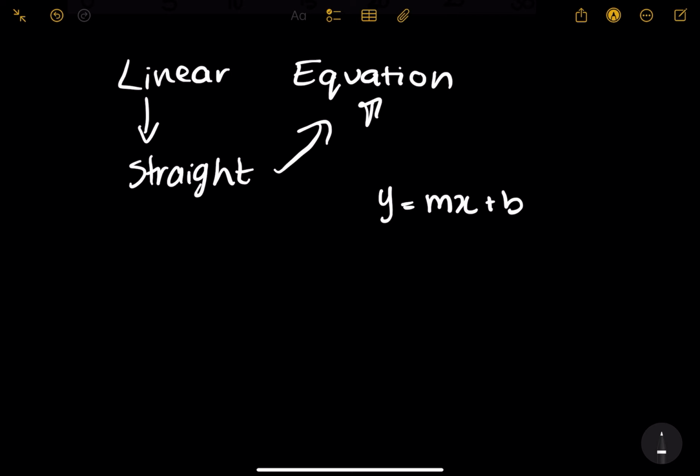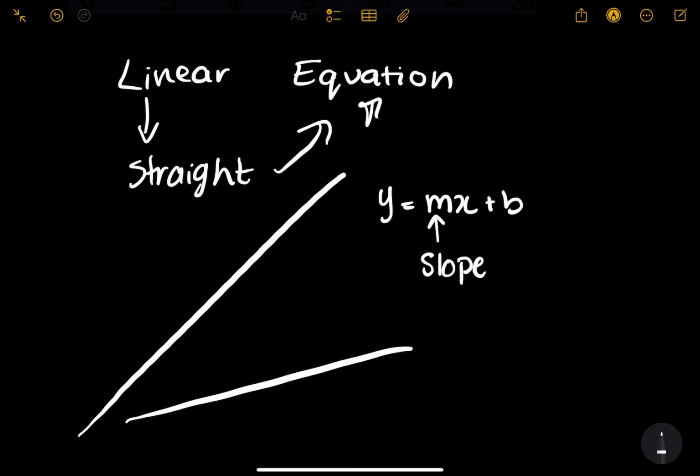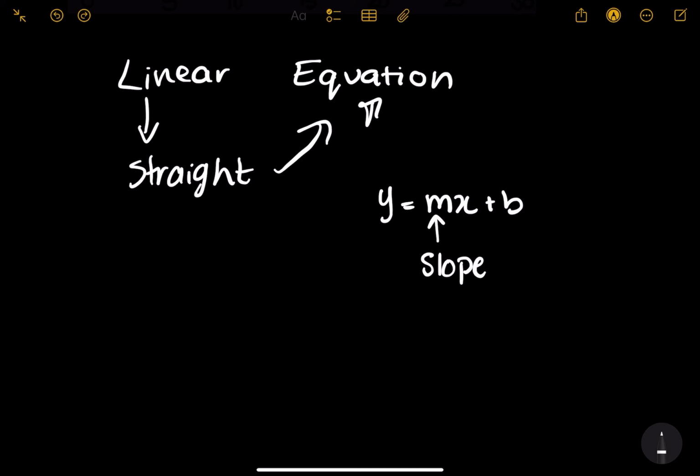Okay, so the m in this formula stands for the slope. The slope determines how steep the line is. Is it like this, or is it like this, or is it like that? Okay, that's the steepness. And then the b is the y-intercept.